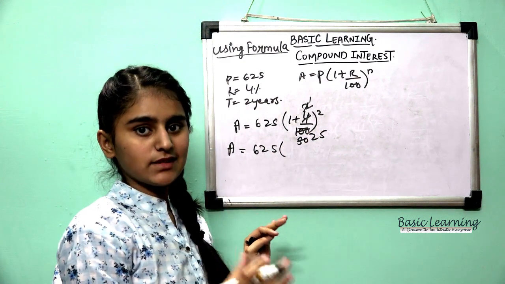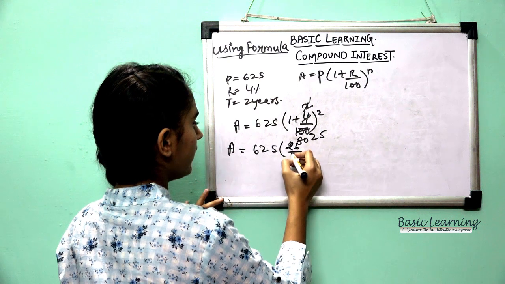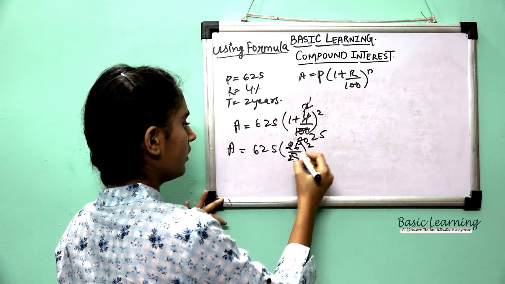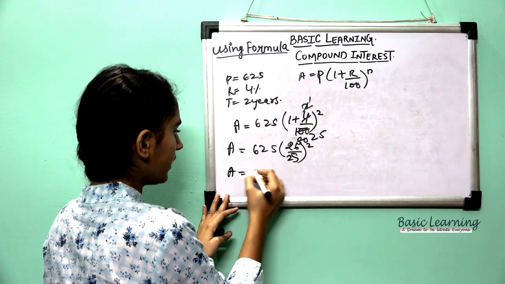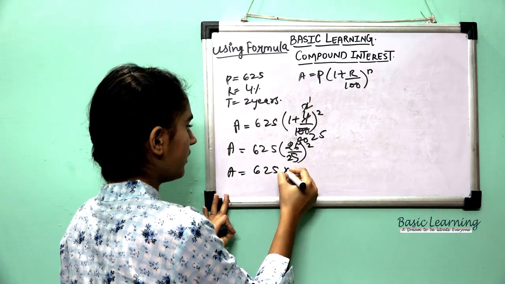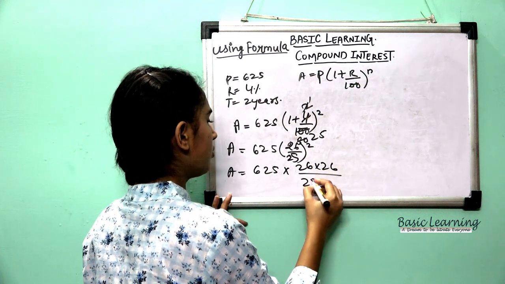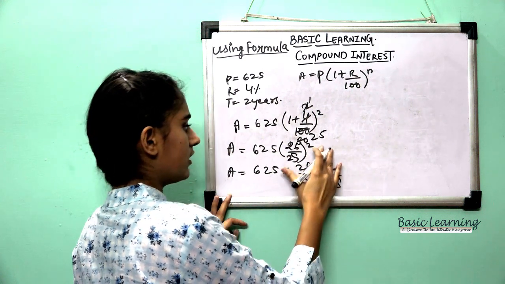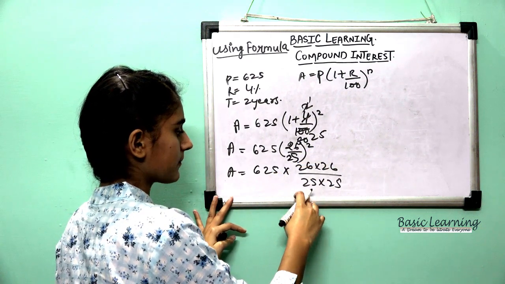That means 25 plus 1, that is 26 upon 25 whole square. So amount equal 625 into 26 into 26 upon 25 into 25. Because number of years are 2, so we are calculating it 2 times.